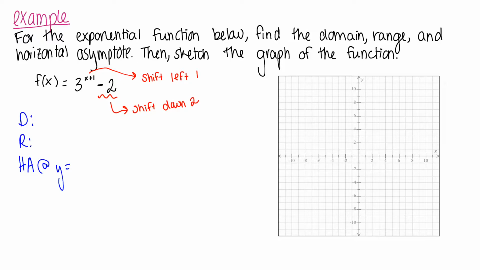It also tells us where our horizontal asymptote is. So if our vertical shift is down 2, then the horizontal asymptote is at y equals negative 2. There's no negative in front, so that means that we're graphing above the horizontal asymptote.